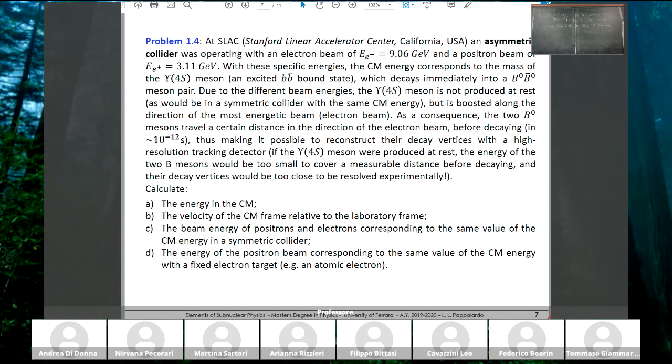Now we do the same exercise for the total energy. The total energy of the epsilon is gamma of the epsilon, the mass of the epsilon, and c squared, using the general relation E equals gamma m c squared. This is again the total energy, so it is E minus plus E plus, which is 9.06 plus 3.11 GeV, that is 12.17 GeV.